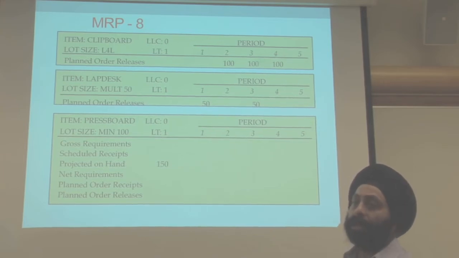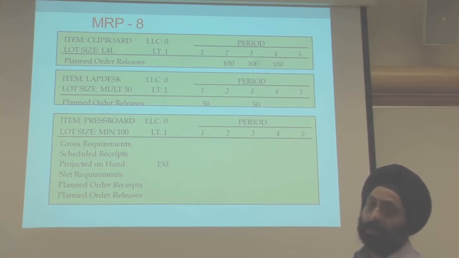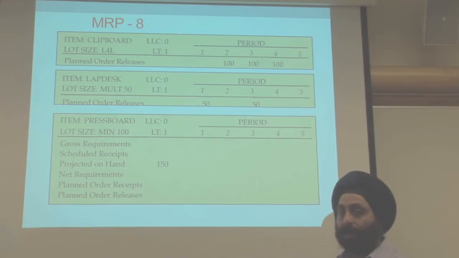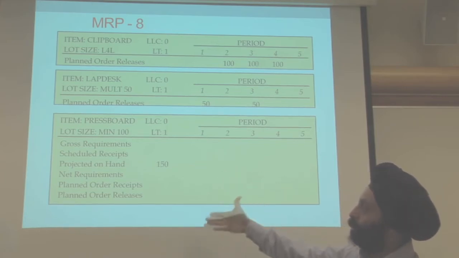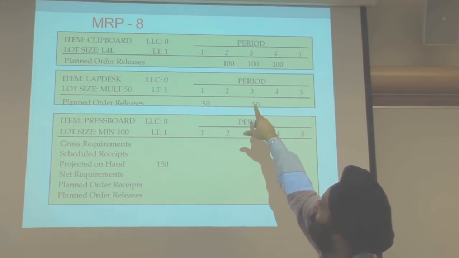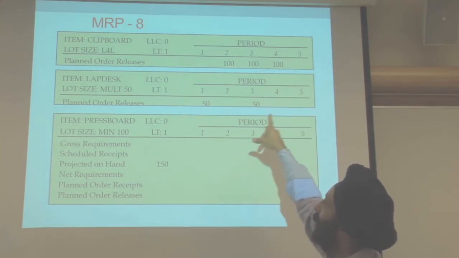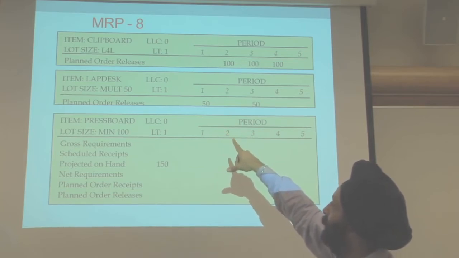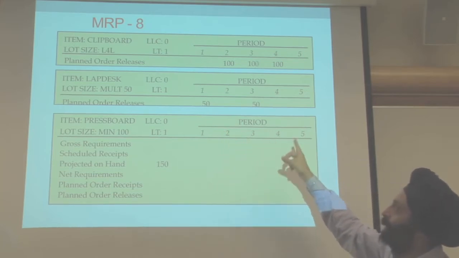So we need to have all the ingredients ready. That's the dependent demand environment where that triggers the specific gross requirements for press board, which is needed in 2 different areas. So in this case, you have a total of 100 clipboards needed in periods 2, 3, 4, and 50 lab desks needed in periods 1 and 3.